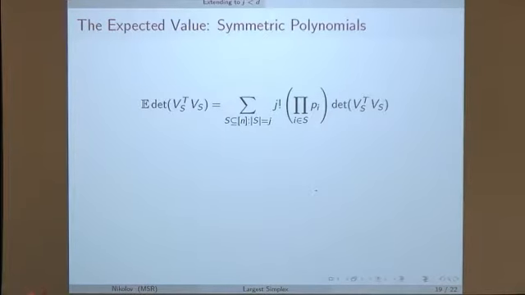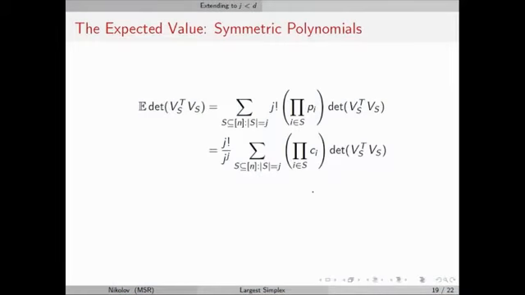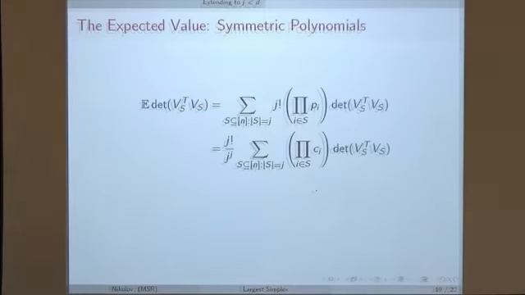So I only get a contribution when I sample a set of j distinct elements. Each such set I can sample in j factorial ways, and the probability of sampling it is the product of the probabilities by independence. Again I have this j factorial. Should have put it up here maybe, but p_i is c_i over j, so I get this j to the j as well, because I take a product of j terms. And this is my expectation.